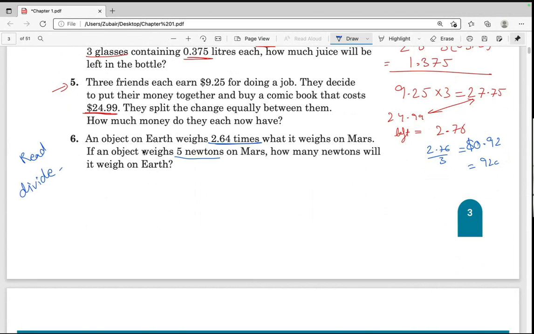An object on Earth weighs 2.64 times what it weighs on Mars. From Mars to Earth, we are multiplying. And if the object weighs 5 Newton on Mars, so from Mars to Earth, we will divide. Yes, sir. Mars to Earth, we multiply with 2.64, and obviously the reverse. From Earth to Mars, it is lesser. It weighs 5 Newtons on Mars.